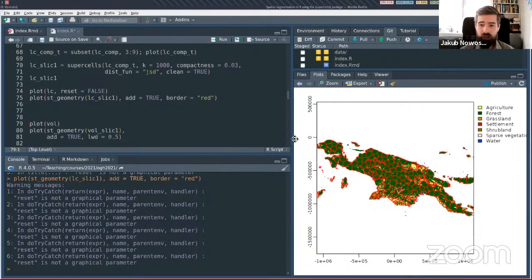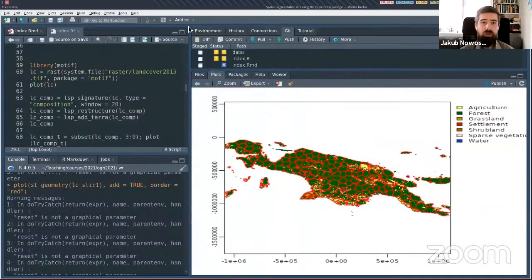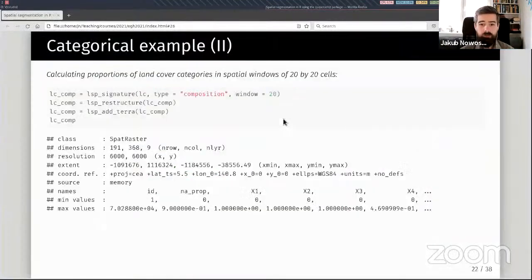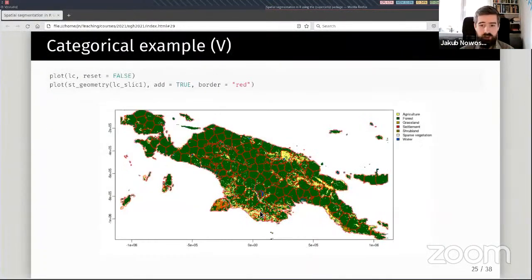Just to highlight a few things, you can see that some areas are fairly homogeneous. This grassland area, or this agricultural area, is fairly homogeneous.